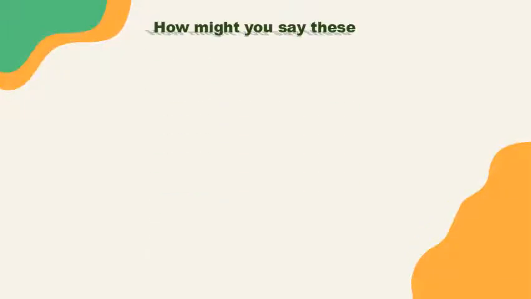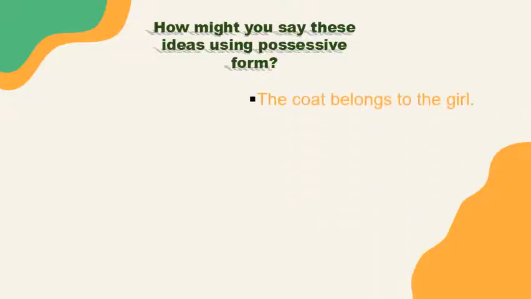First of all, let's just look at these examples and see how we can say these ideas using the possessive form before I get into the rules. For example, if I want to say that the coat belongs to the girl, so the girl is the one who owns the coat. What would I say?